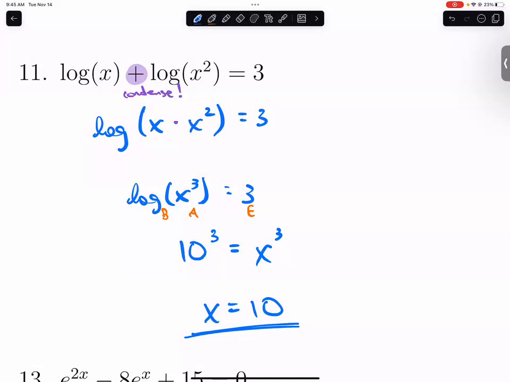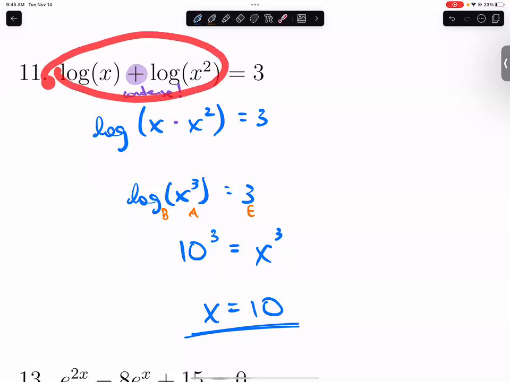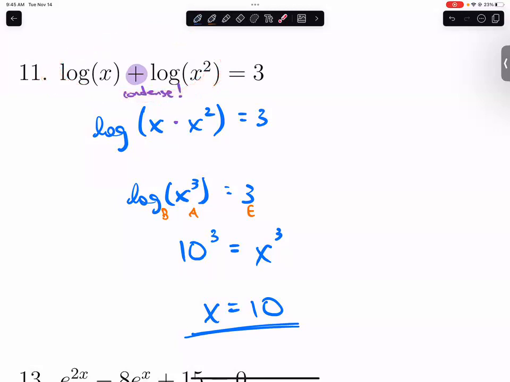You could take this 3, bring it down, divide it over, and end up at the same place. So there are some options here, and if you're keeping an open eye to that kind of stuff, you can apply these log properties. This is a place where we have to get started, right? Sum of two logs, I can combine those. Combining those lets me get to a place where I can use the exponential idea.